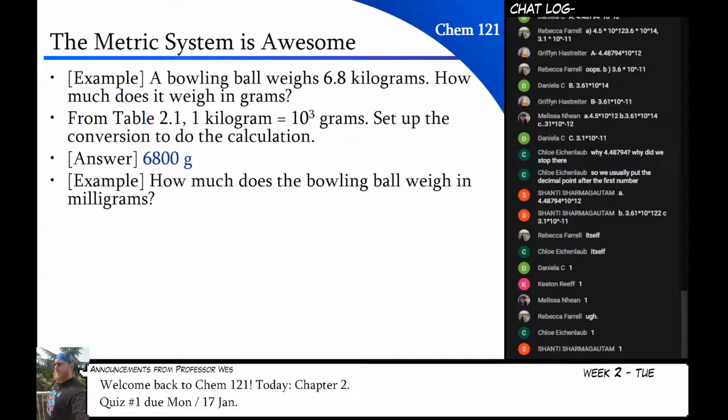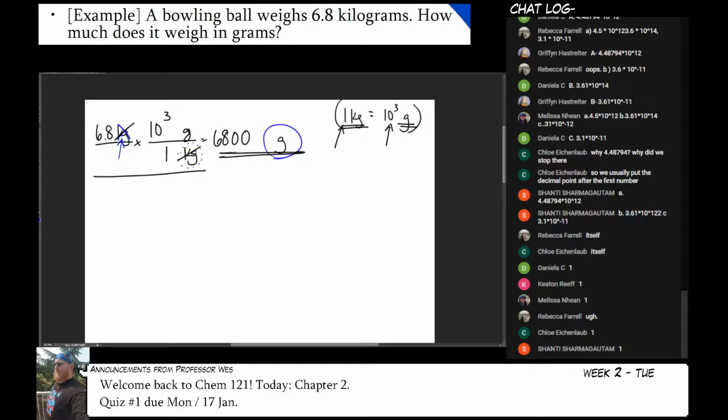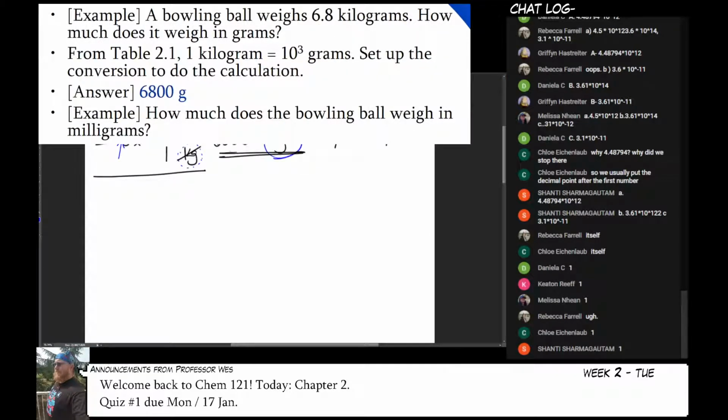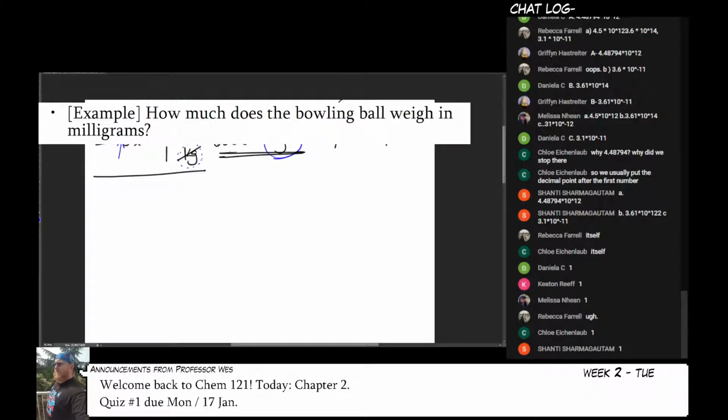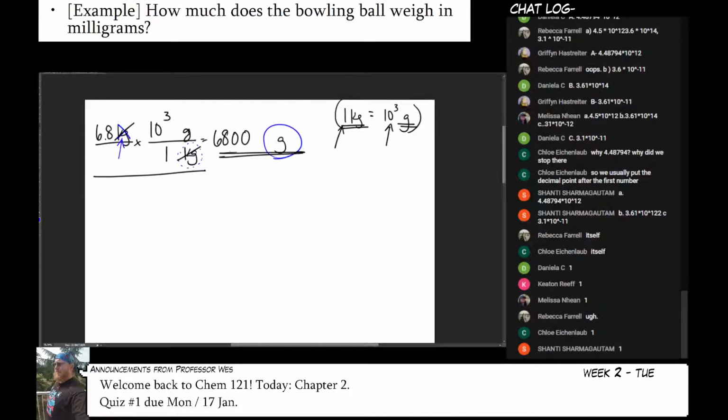All right, let's do another one. How much does the bowling ball weigh in milligrams? Well, we know its mass in grams, so we can use that in our answer. So let's write that down. But we need a relationship that relates grams to milligrams because that's what the problem is asking us to do. We need something in milligrams.